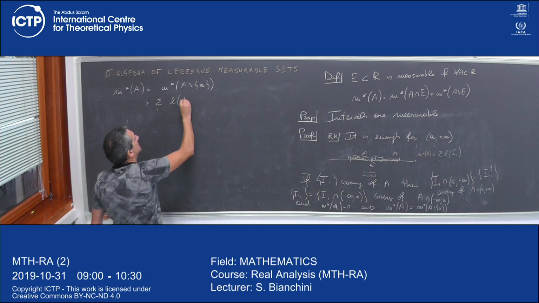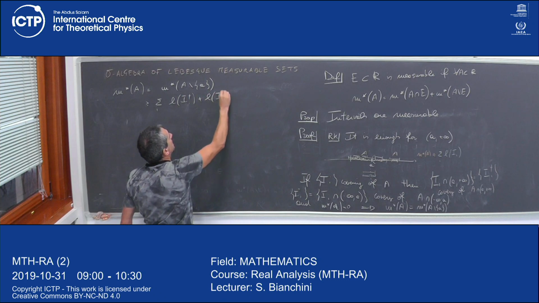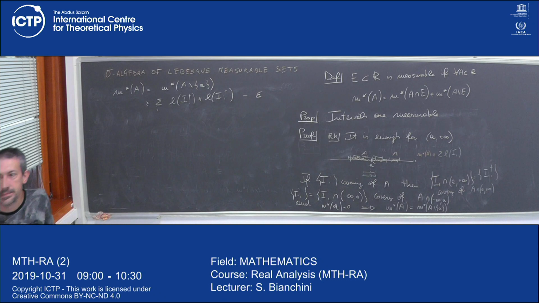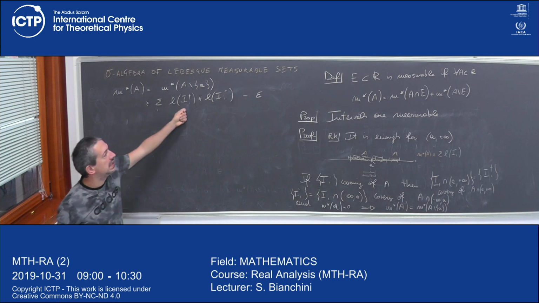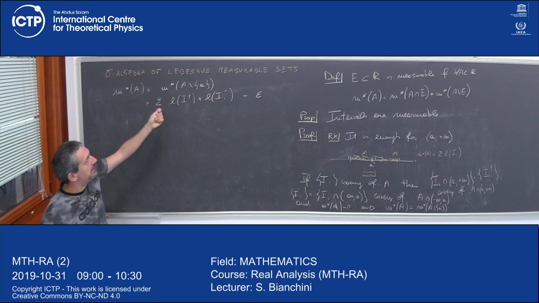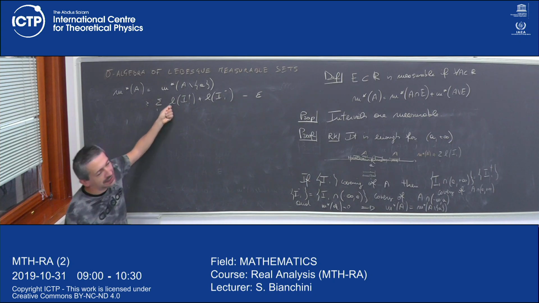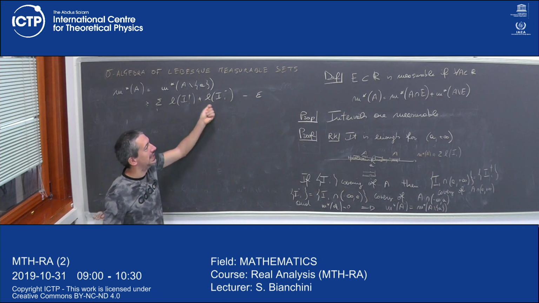So it is the length. Because I choose the covering I such that this measure is essentially the sum of the lengths. This is just the definition: there is an epsilon, since it's finite measure, such that this holds.